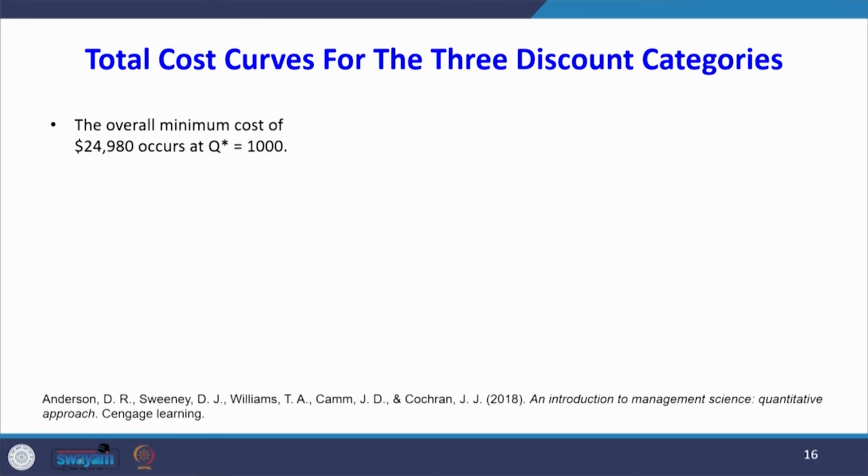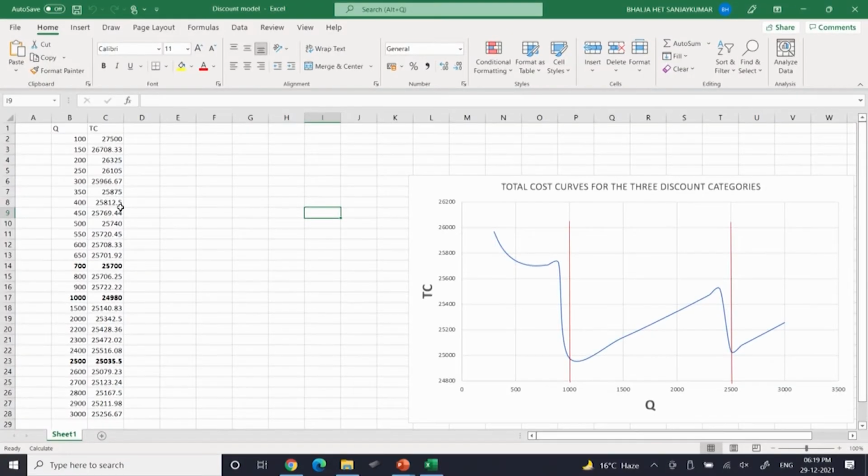Now, with the help of Excel, I am going to explain how to plot these values. I am going to explain the total cost principles with the help of this Excel model. So, I have taken the value of Q and corresponding total cost. For example, B2 is 100 units, what will be the total cost?